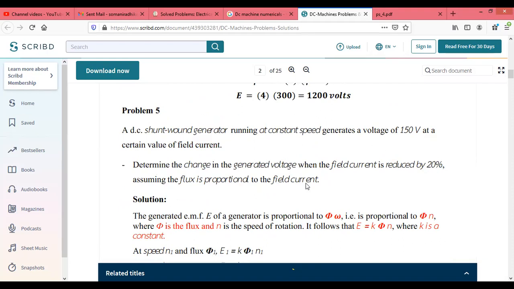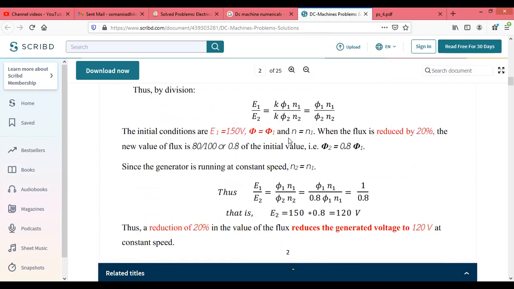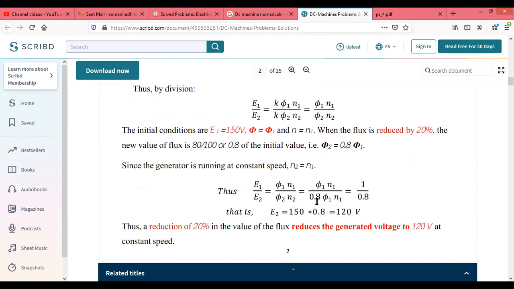Its speed is constant because they have given that the DC motor is running at a constant speed, so N2 equal to N1 equal to N. Since N1 and N2 cancel, phi 2 is in the form of phi 1. So you will get E1 upon E2 equal to 1 upon 0.8.